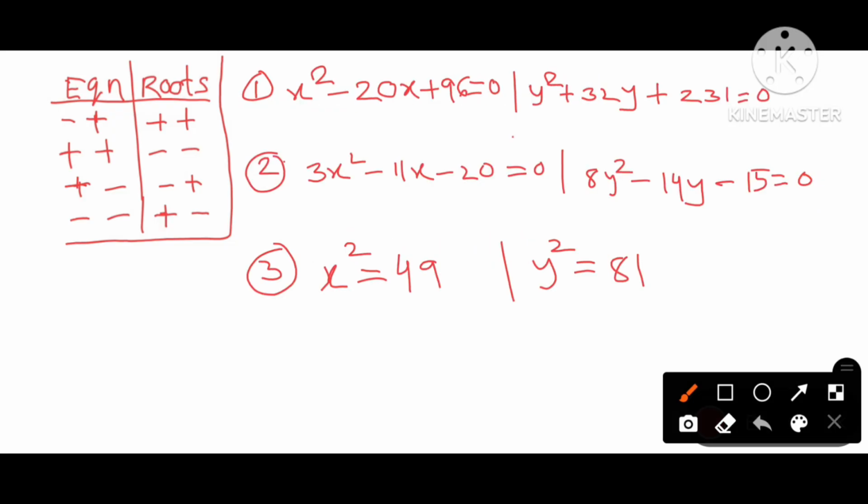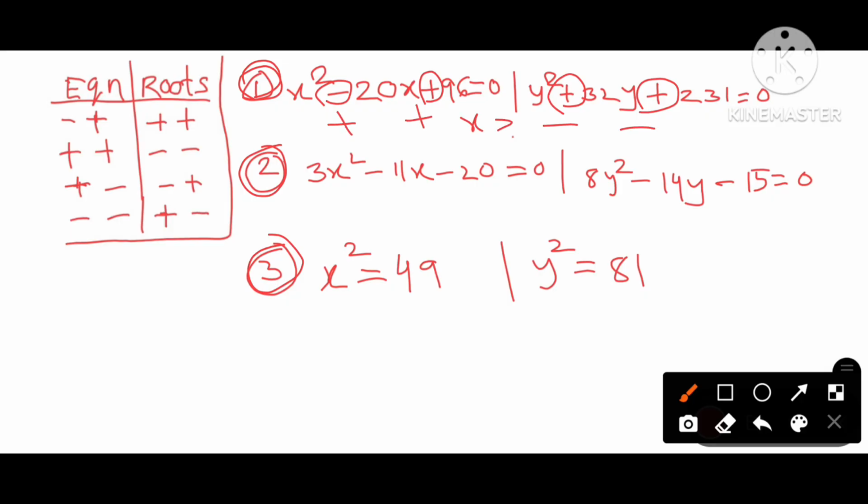So the quadratic topic is completed. The questions which we can answer in seconds are these three models, question 1, question 2 and question 3. These three models can be solved and answered within seconds. In the first question we see minus and plus, plus and plus. So the first equation roots are both positive and the second equation roots are negative.